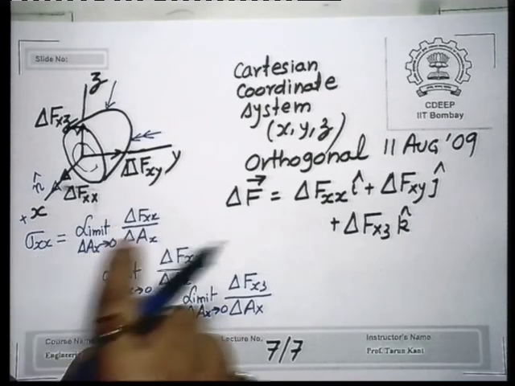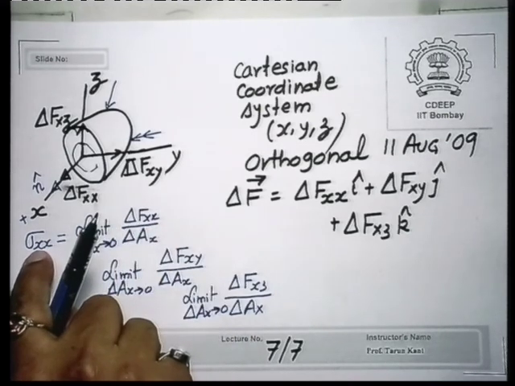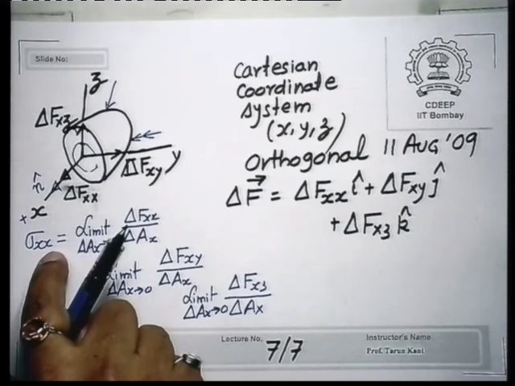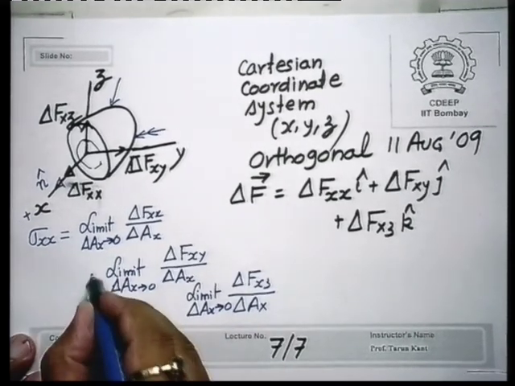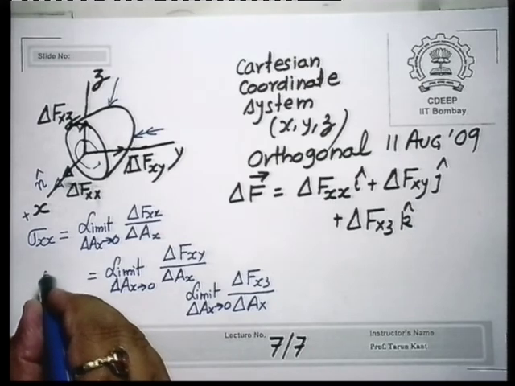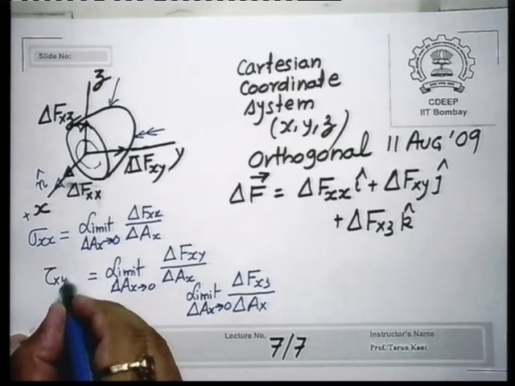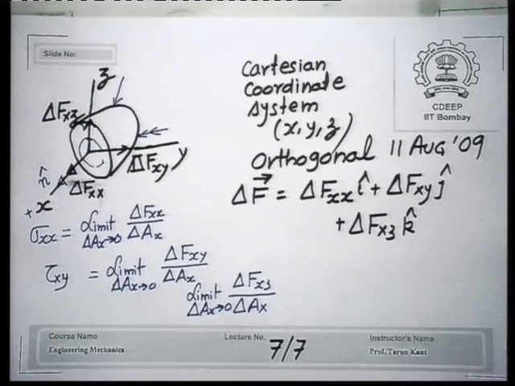What are the two subscripts? Again it has the same meaning. The first one shows the area, the second one the direction. This one will be defined by tau xy. Why is it tau xy? It is a shear force divided by area, which is shear stress, and it is going in y direction.